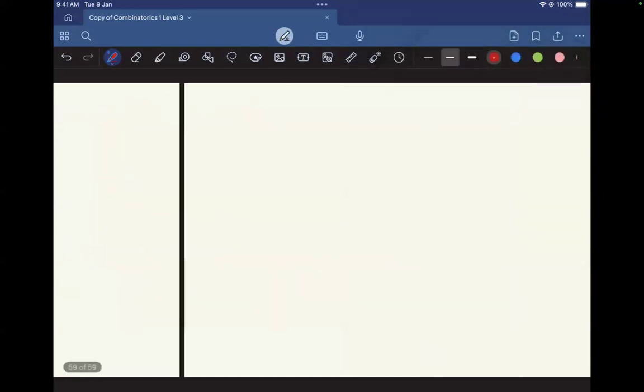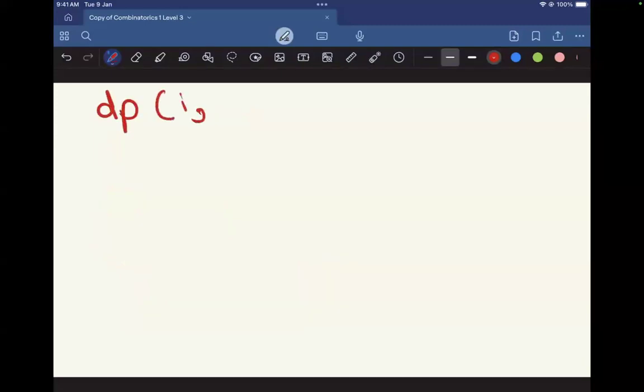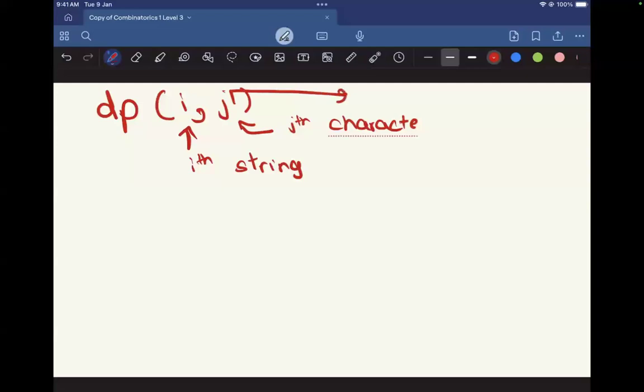Now, how do I go about calculating this? Let me show you all. Let dp of i, comma j represent that I am on the ith string. All right. And I want to start taking up from the jth character. What is this j, guys? This j is a number between 0 to 4 which represents NAREK. All right.